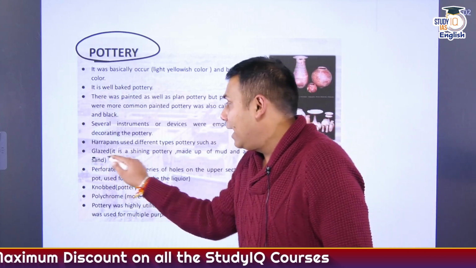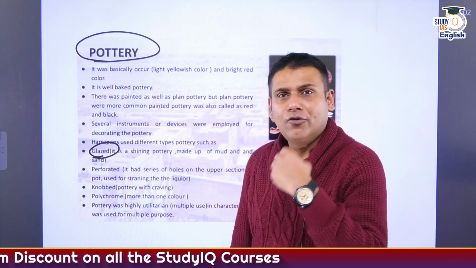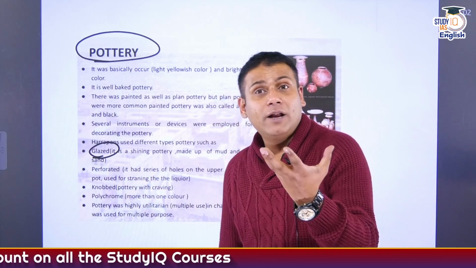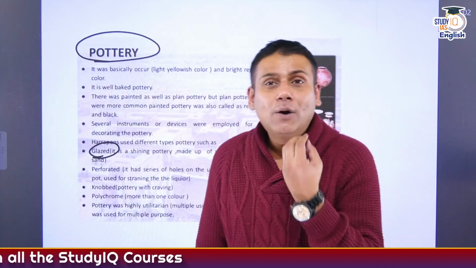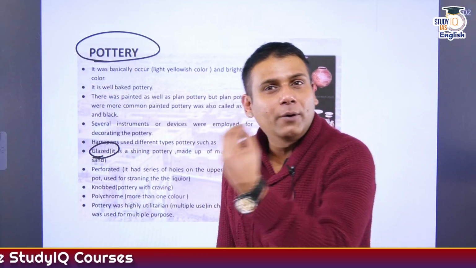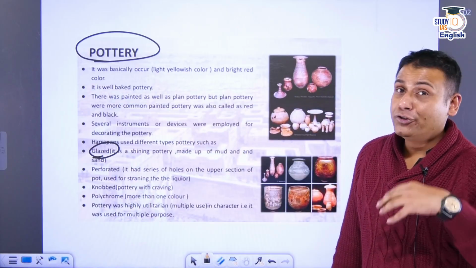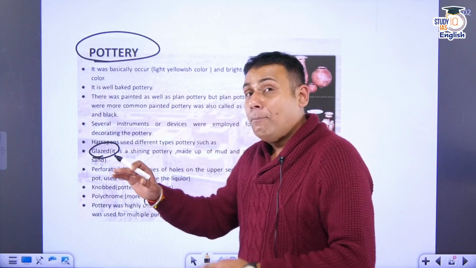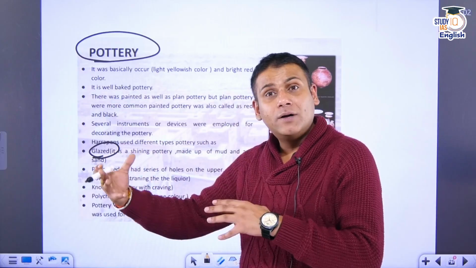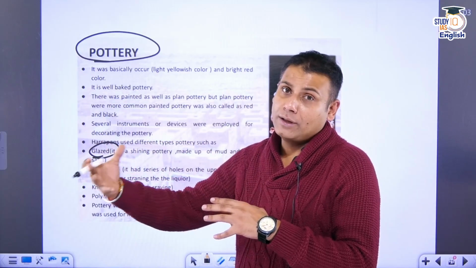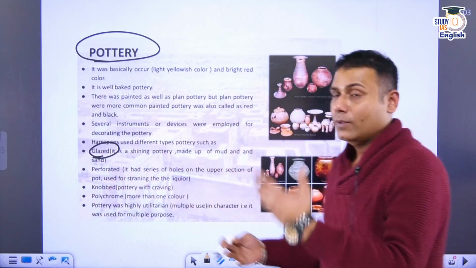Like glazed pottery, glazed meaning shining pottery. There is perforated pottery, pottery with holes. And what was the purpose of pottery with holes? It was used for straining and making the liquor. Pottery was also polychrome. In simple words, multiple colors were also there on the pottery. Okay.